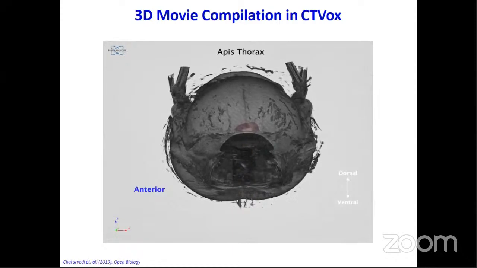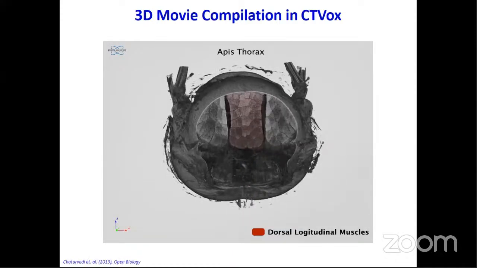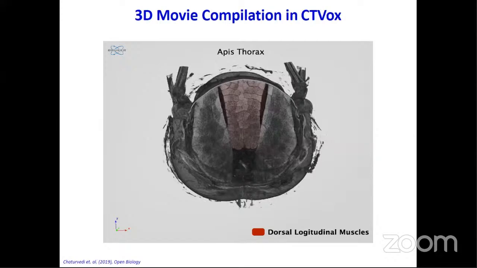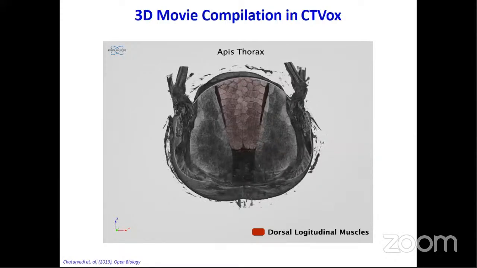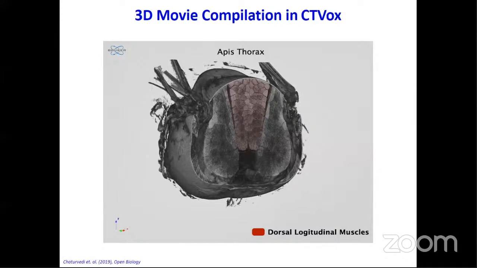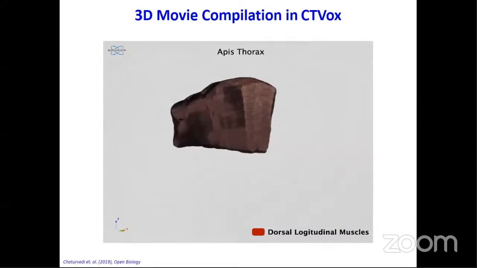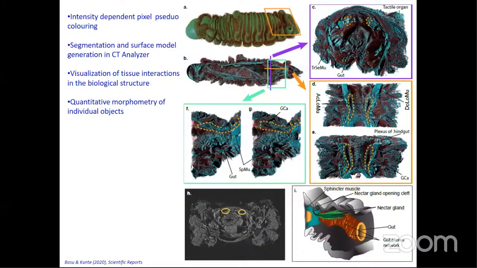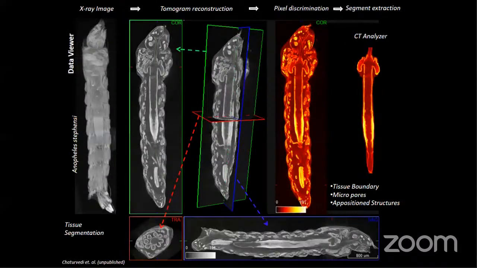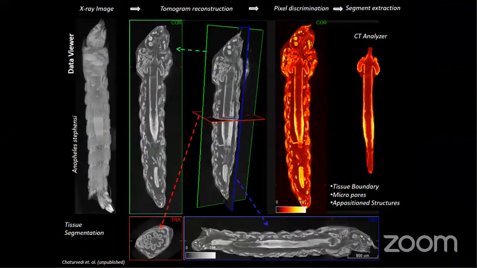As you can see, there is some degree of animation given to the clipping process of the reconstructed image, and this animation can also be done in the facility through the software available in the Bruker package. In the interest of time, I'm going to skip a few slides.